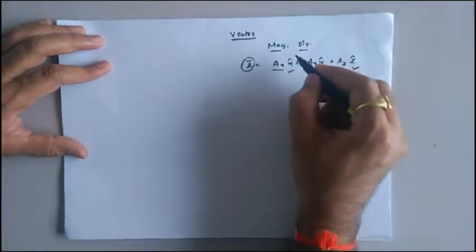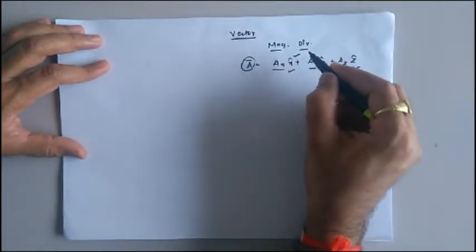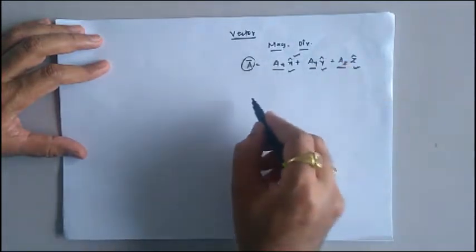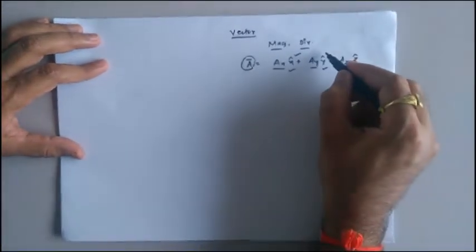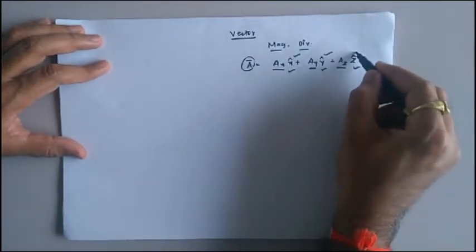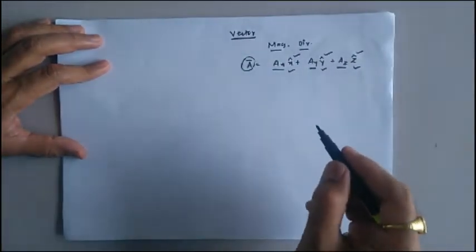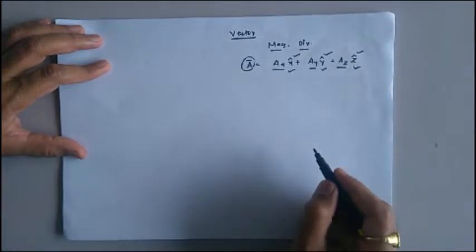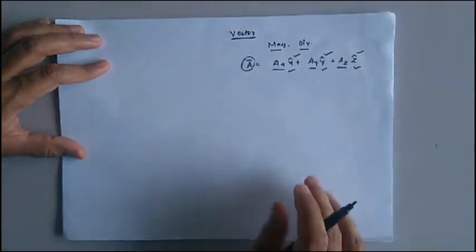So x cap indicates a unit vector along the x-axis, y cap a unit vector along the y-axis, and z cap a unit vector along the z-axis of a given Cartesian coordinate system.